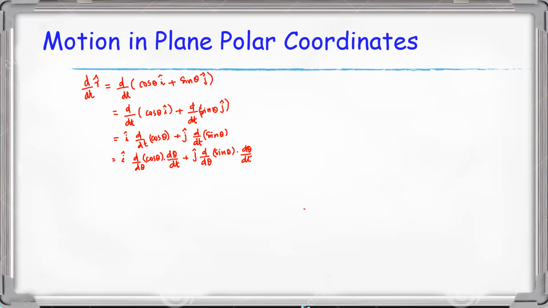Look at here, d by dt is written as d by d theta into d theta by dt. So both are equivalent because this d theta and this d theta may cancel. Okay, only d by dt remains.